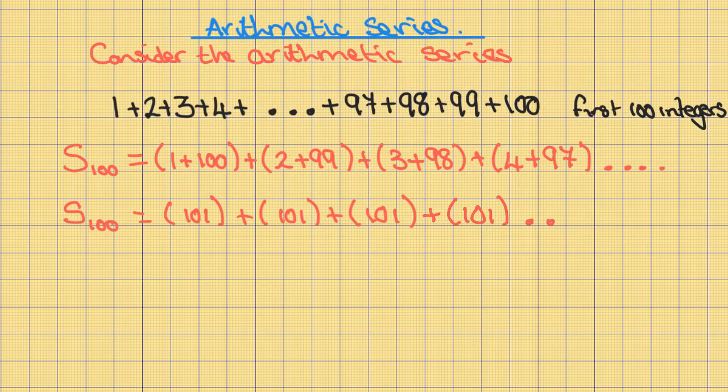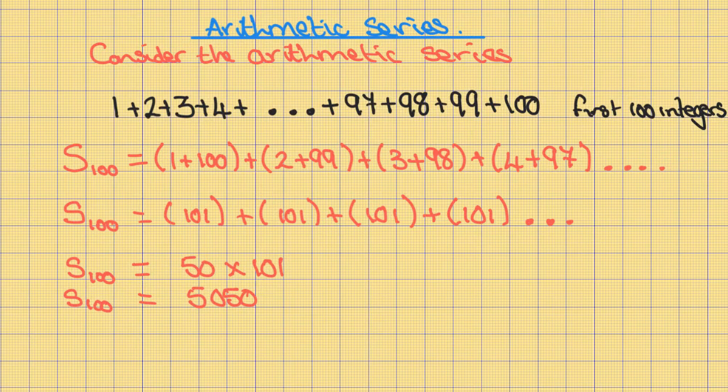And if we do that to all the terms in the series, we will get S100 is equal to 50, because there are 50 pairs, times 101. So S100 is equal to 50 times 101, or 5050.